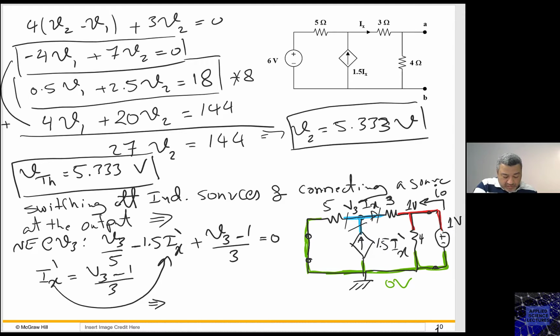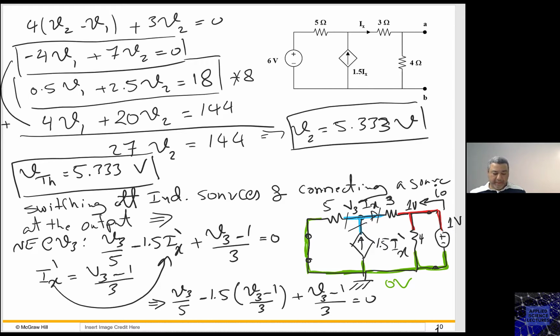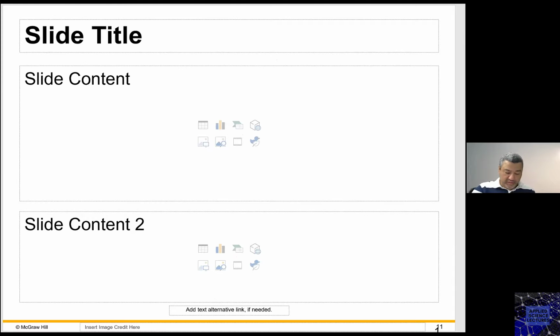You get V3 over 5 minus 1.5 times (V3 minus 1) over 3 plus (V3 minus 1) over 3 equals to 0. This is the equation that you need to solve. So let me insert here one more slide.